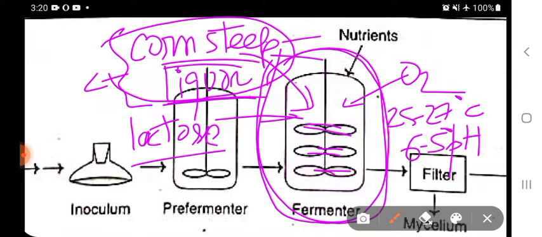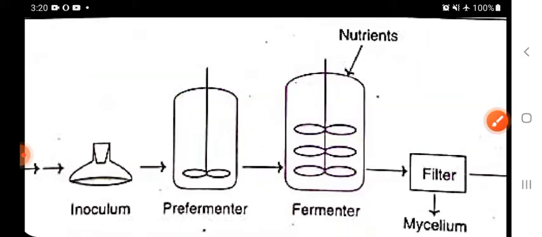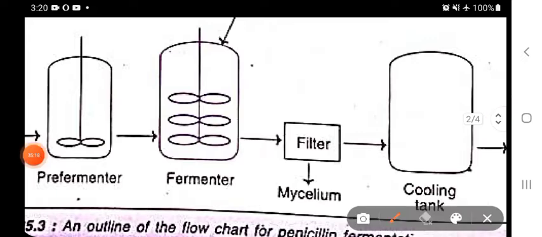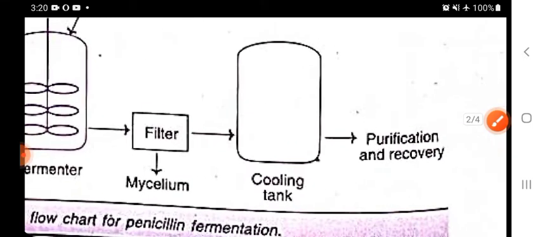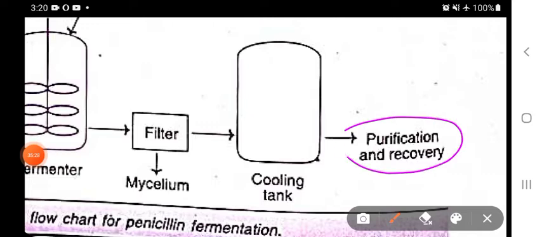And then after a period of 150 to 180 hours, our penicillin can be extracted. It is finally filtered and after filtration we cool them in a cooling tank where downstream processes are done.